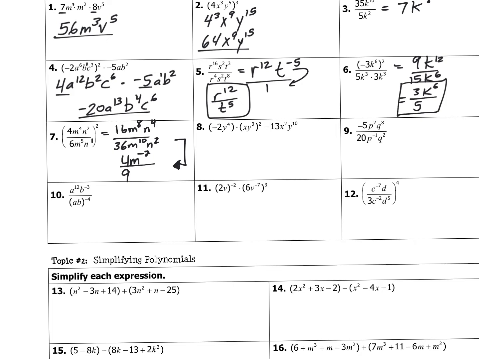N to the 4th divided by n to the 2nd is n to the 2nd. So the only thing I have to complete now is getting that m in the denominator so that we have a positive exponent. You should never leave a negative exponent. Okay, if you have a negative exponent, it's not simplified. So this is 4 n to the 2nd over 9 m to the 2nd.